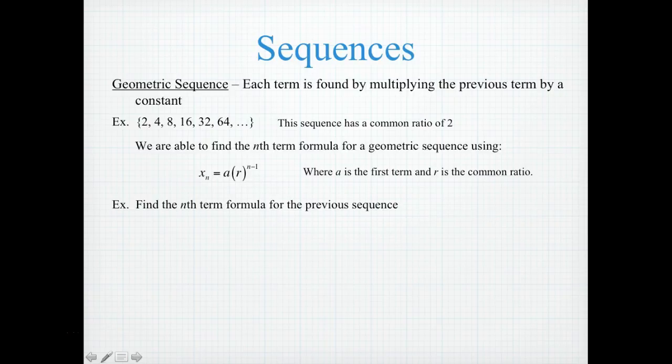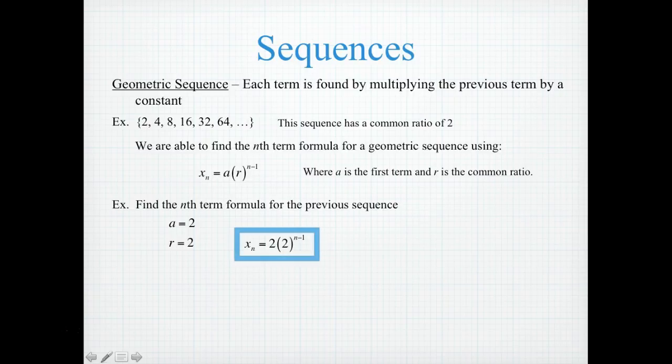Remember, the two pieces of information that we need are the first term and the common ratio. And in this case, the first term and the common ratio are both 2. So we input them into the formula, and we get x sub n is equal to 2 times 2 to the n minus 1 power. No need to simplify here. We can leave this as is, and that represents our nth term formula.